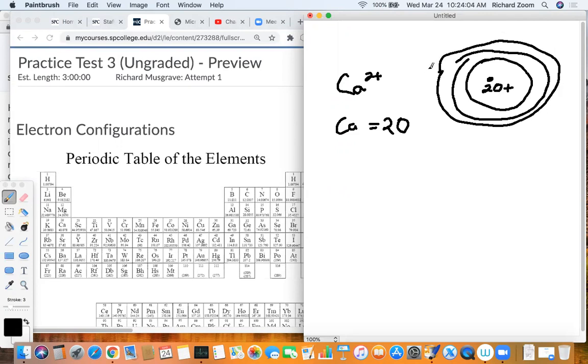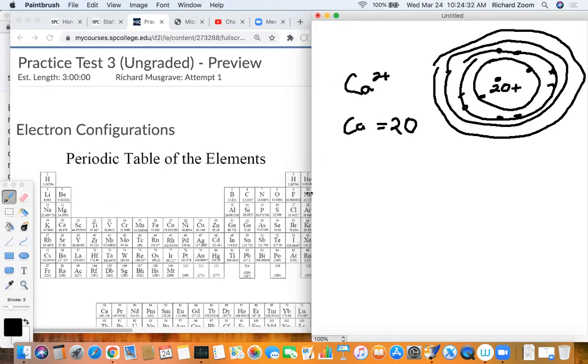if we were doing just a simple Bohr orbit situation, the way it would work out is we'd have 2 electrons in the middle. We'd have 8 electrons in the next row, which matches the periodic table, by the way. That's how I know it's 8. So 1, 2, and then 8. 1, 2, 3, 4, 5, 6, 7, 8.